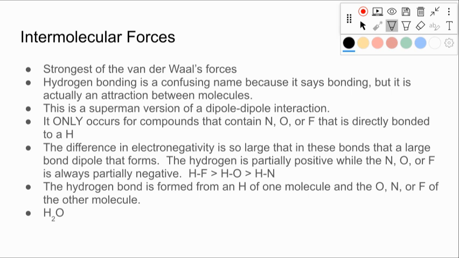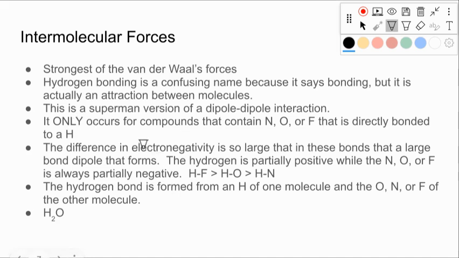The strongest of the van der Waals forces is hydrogen bonding. And it's a little confusing because they called it hydrogen bonding, but it's not a bond. It is an attraction between molecules. A lot of times people say this is the Superman version of the dipole-dipole. It only occurs if nitrogen, oxygen, or fluorine are directly bonded to hydrogen, hence the hydrogen part.